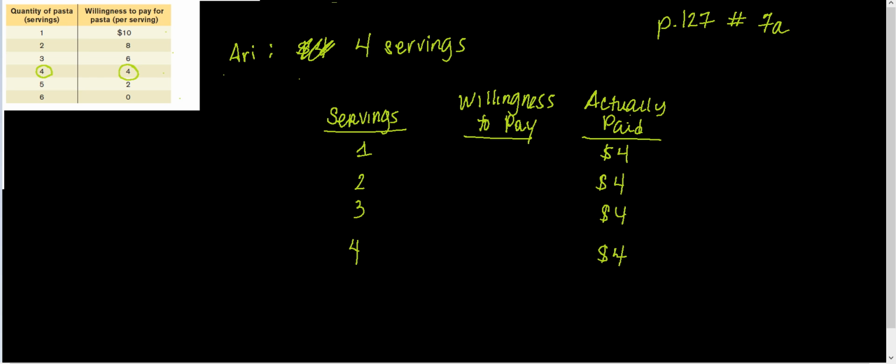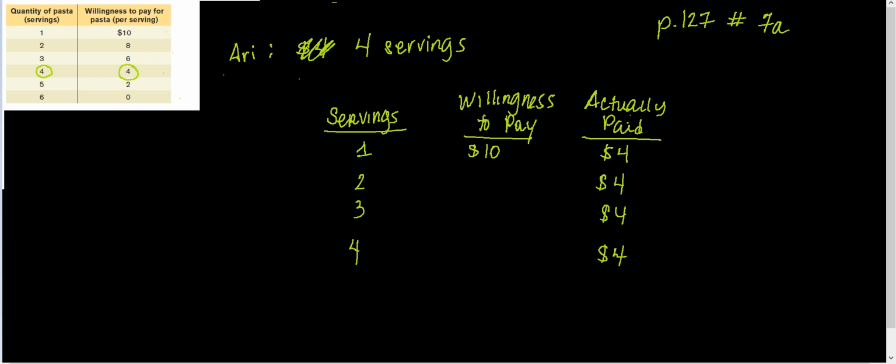So you are going to actually have him pay $4, but his willingness to pay for some of the servings would have been higher. So at first, he would have been willing to pay you $10 for the first one, but if you had priced your servings at $10, then he would not have bought all 4. In fact, he would not have bought more than 1 bowl of pasta.